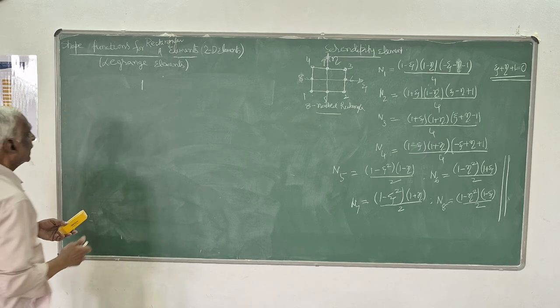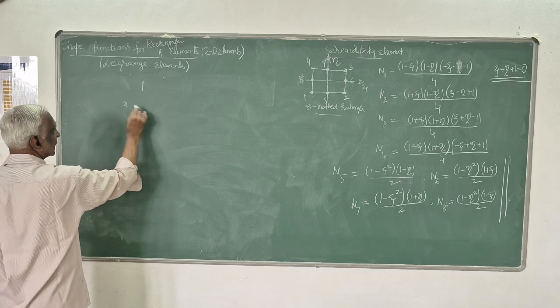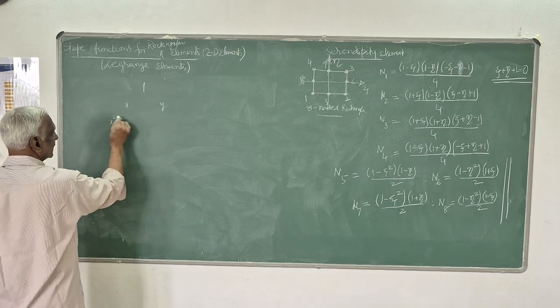Now I will give the Pascal triangle for Lagrange elements. For a Lagrange element, the Pascal triangle will look like this.